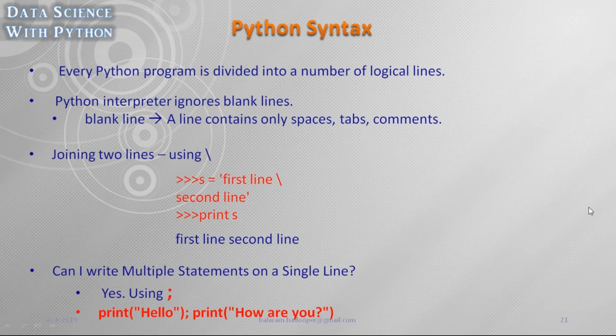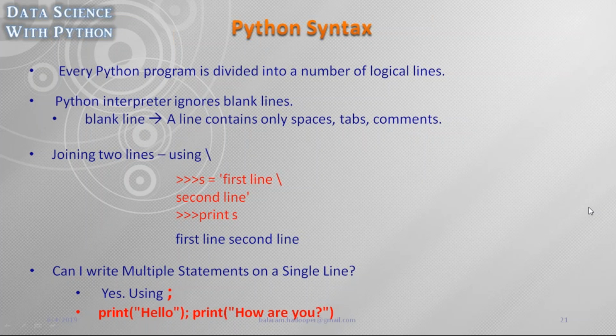Even in regular literature, we have that option. If you are writing on paper and you reach the end of the page, then you can simply write a hyphen and continue the same word in the next line.